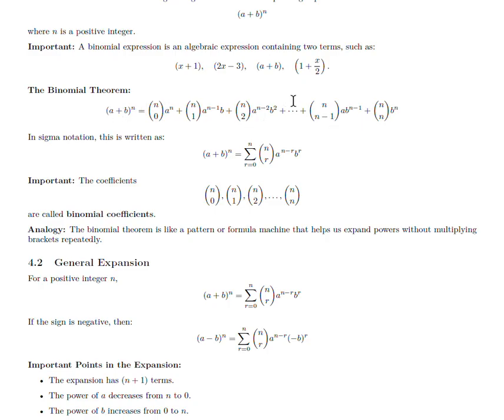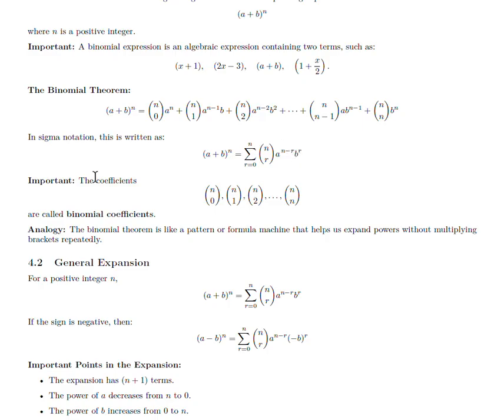This binomial expansion can be summarized this way: a plus b raised to power n equals the summation from r equals 0 to n of n combination r, a raised to power n minus r, b raised to power r.